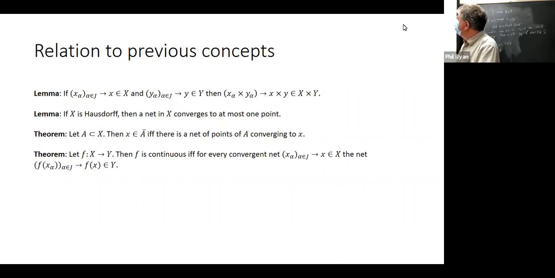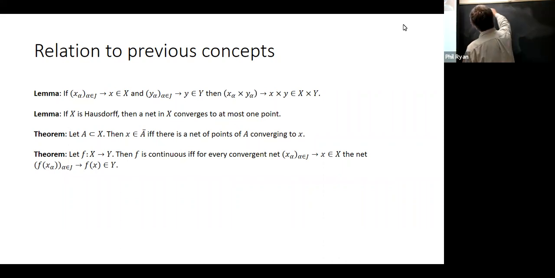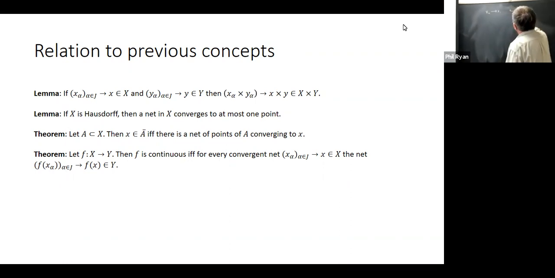So let's say a net converges to two points. Exactly. So now we need to use the Hausdorffness. So let's say x alpha converges to x1 and x alpha converges to x2.